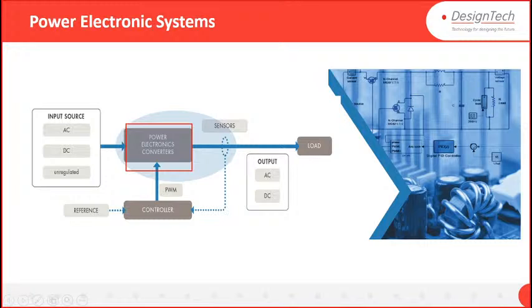So if I am getting input as a DC, then why am I converting again to a DC? I can use some voltage regulator to increase or decrease the voltage, but why do we require a DC to DC converter? I answered this in the previous slide: whatever voltage source we are getting from wherever, there is always fluctuation, I mean high voltage and low voltage.